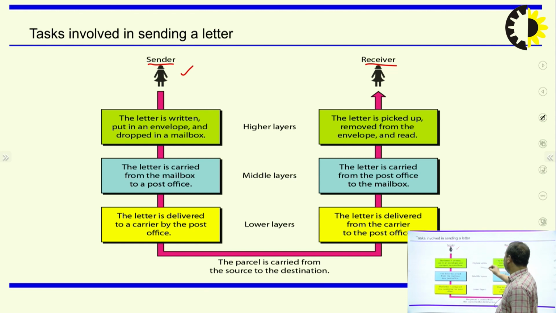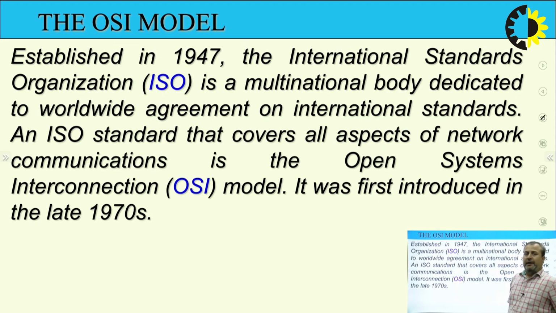So this is the higher layer, middle layer and lower layer. Just as in a postal system two parties communicate with each other, the same analogy is applied to communicate between systems.